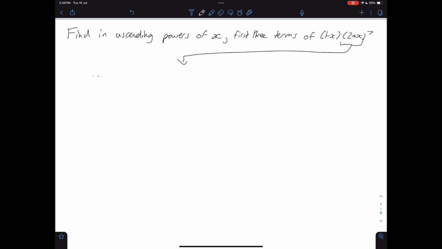However, in this case, we don't need to do the full expansion. If you think about it like this, your (2 plus x)^7 is going to end up being some constant plus something times x plus something times x squared, etc., all the way up to x to the power of 7. And then on the other hand, you've only got a 1 and a minus x.